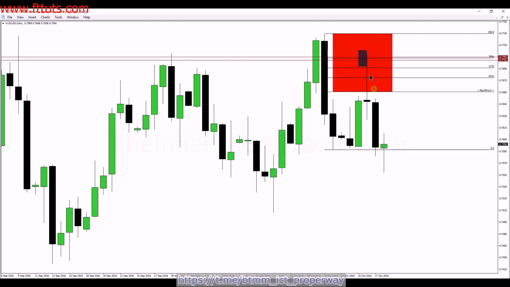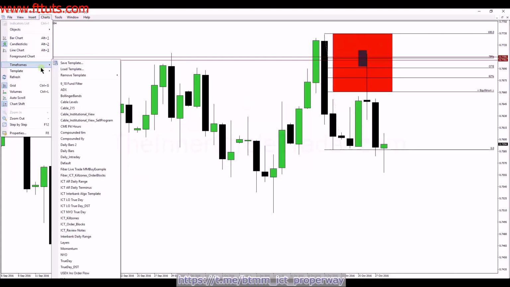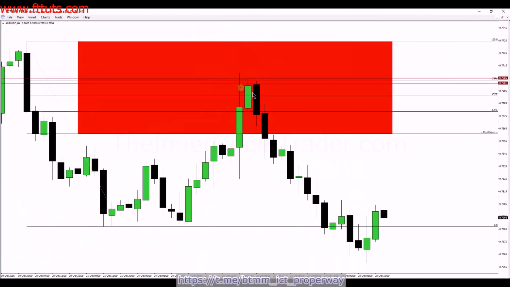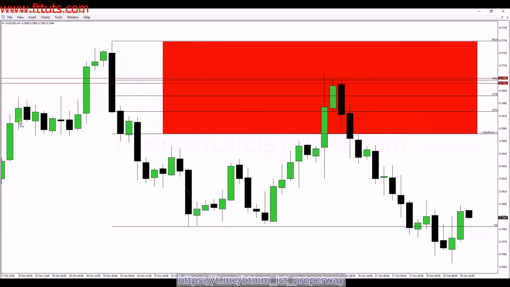So now what we know about the market, we're going to drop down into a 4-hour chart. So we're focusing primarily here. And when we look at this down move in here, we have a rally up, creating a liquidity void, and then we have another liquidity void going down.